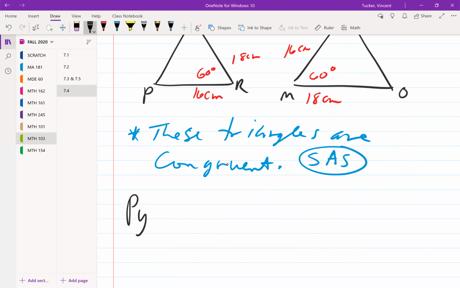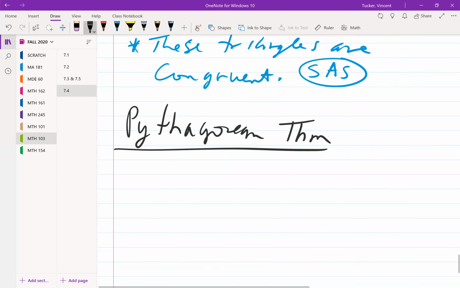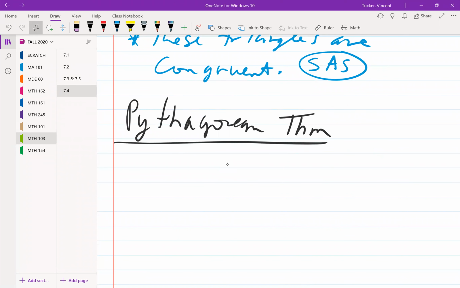Looking at our Pythagorean theorem. All right, so I think I like drawing it the other way.